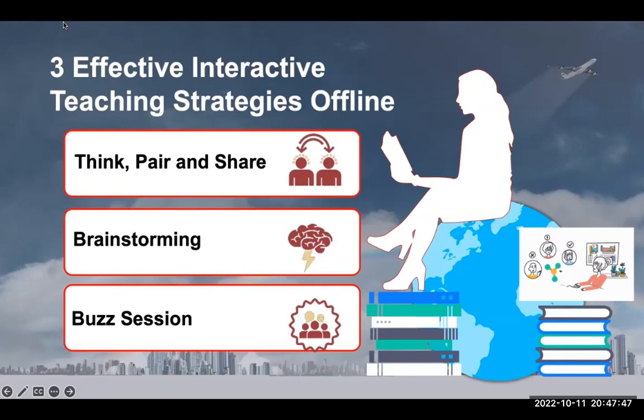Give them proper time, let them think, let them pair, let them conclude, and let them tell you or submit the answer in voice. Once they're speaking, they can bring out some good results. So this way, students will be engaged, communicating, and remember more of the class than ever before. The second one is brainstorming.